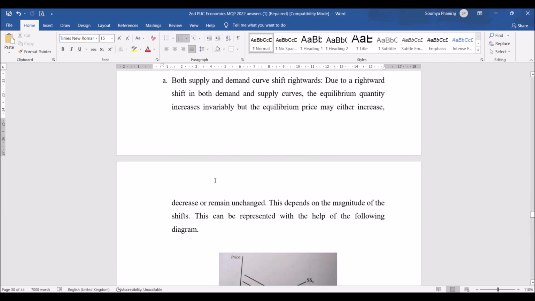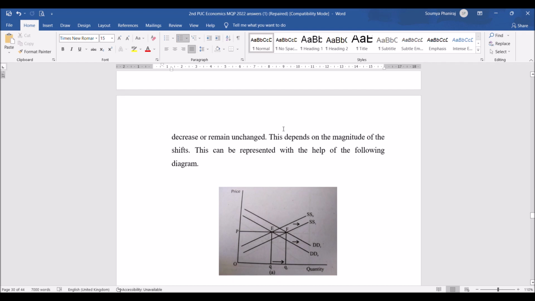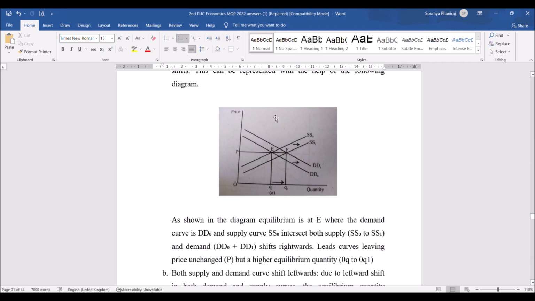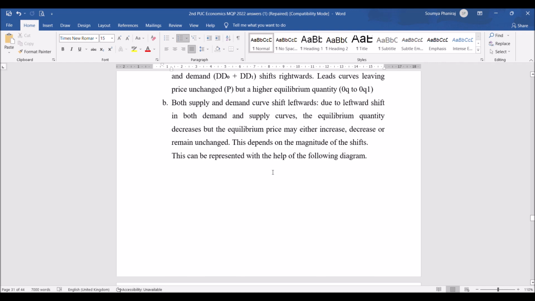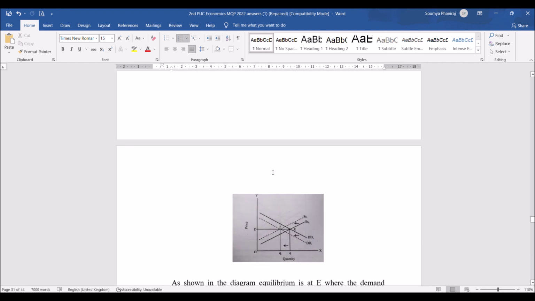So it has been depicted in the bulleting format. A, both supply and demand curve shift rightwards. So when you say that, how does it look in the graph? This has to be mentioned. B, both supply and demand curve shift leftwards. How does that behave?